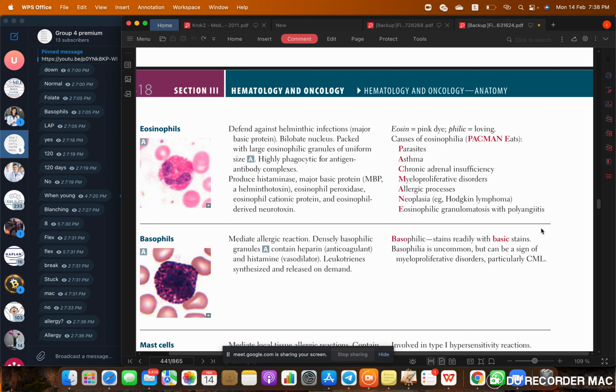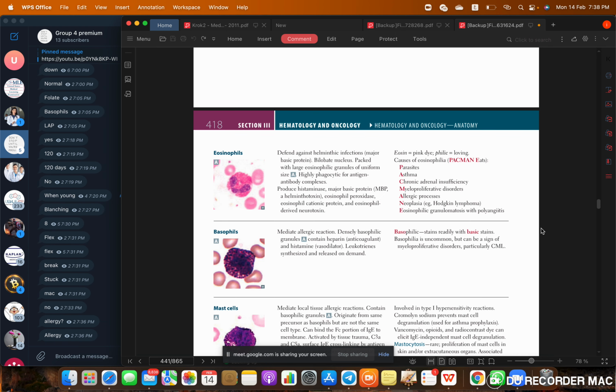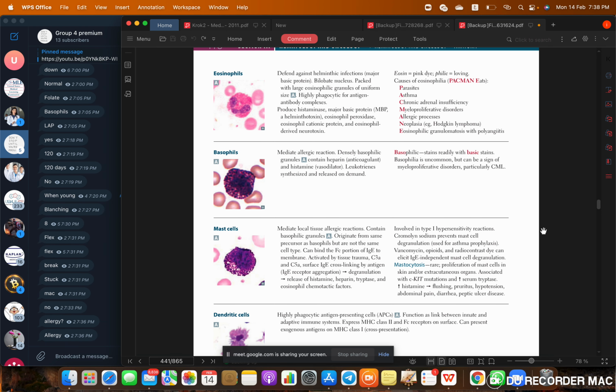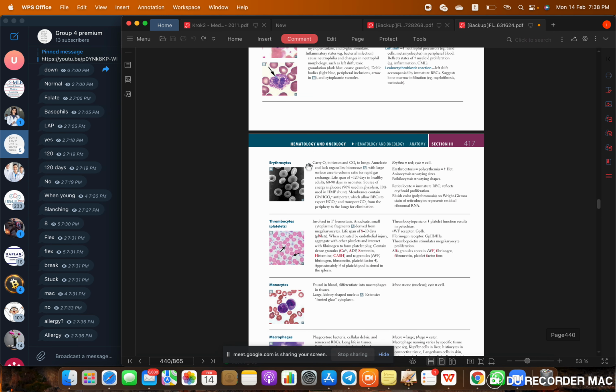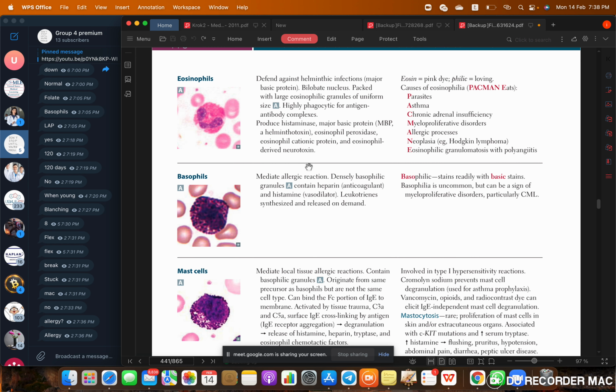Okay, so let's speak about one more thing about eosinophils I forgot to mention regarding the kidney. Which disease of the kidney can have a high amount of eosinophils in the urine and in the blood? It can be after somebody used, for example, allopurinol, indomethacin, NSAIDs.